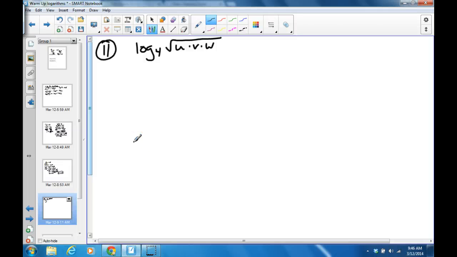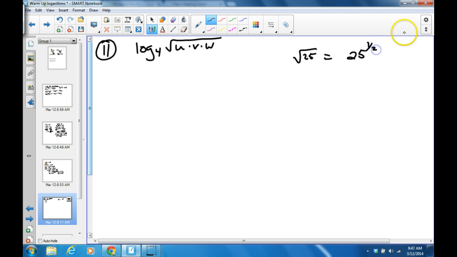So this is one of the ones off your assignment for today. And one of the things you need to remember is anytime you take a square root of something, say I take the square root of 25, it does become 5, but I want to write this in exponential form. Do you guys remember what that would be? It'll be 25 to the what power?